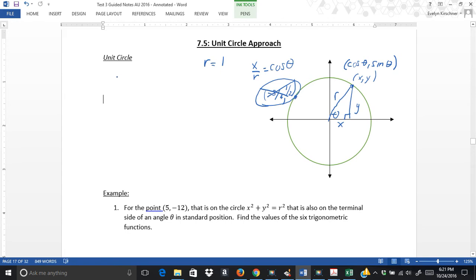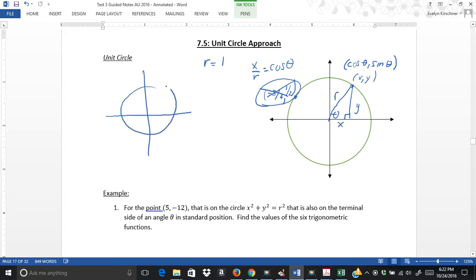But I could have a point on any circle. So if I have a circle that's not a unit circle, anywhere on the circle, if I had a point here, and let's say it was -5, 3 on some circle, I don't know what the r is, I could find out all my information. Here's my theta, here's my right angle, I have an x and a y, and I know that my x is negative and my y is positive.